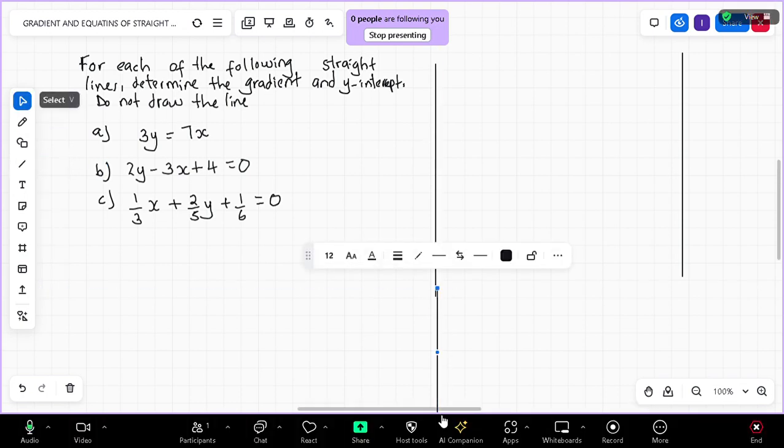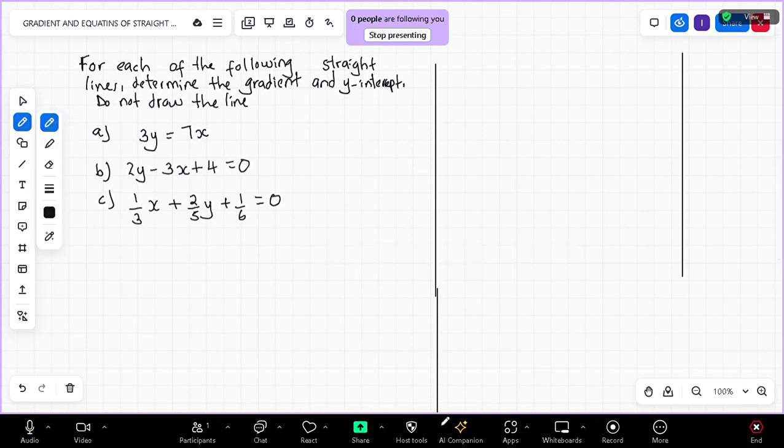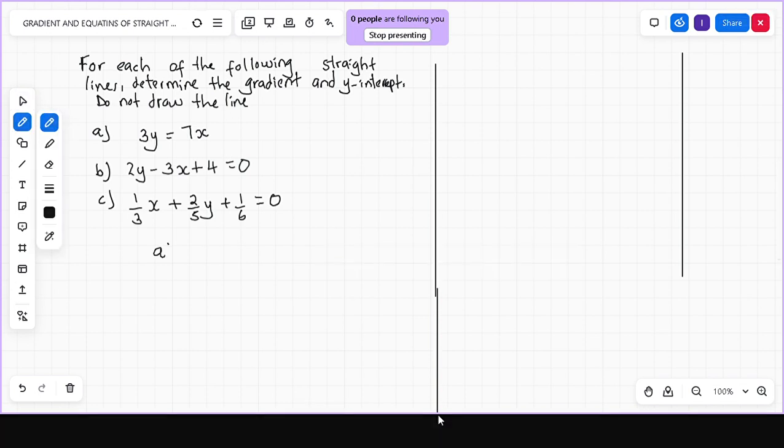Let me start with the first example: 3y equals 7x. The equation of a straight line is always of the form y equals mx plus c, where m is the gradient of the line and c is where the line cuts the y-axis, that is the y-intercept.